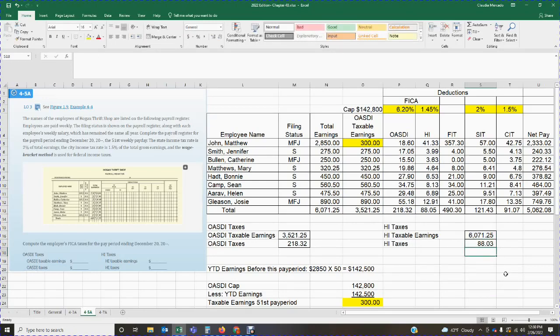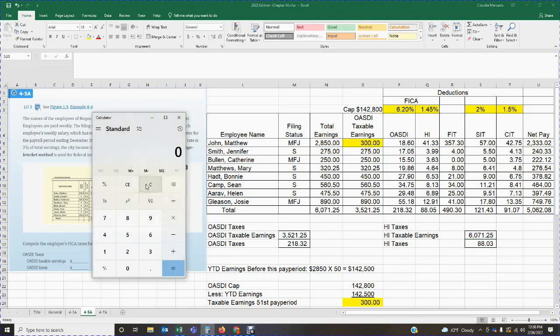And that's going to give me $88.03. So let me get my calculator. 6,071.25. This is my total earnings, times 1.45%. And that gives me 88.033, which is rounded to 88.03.